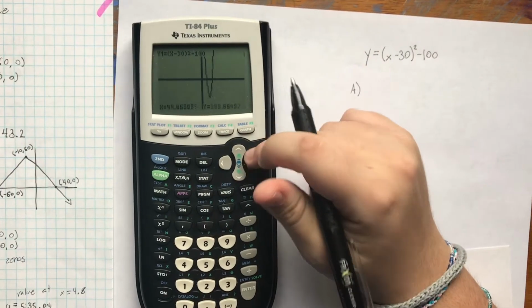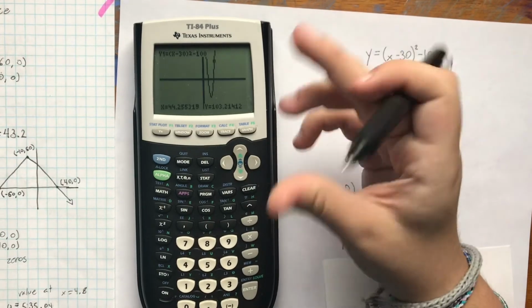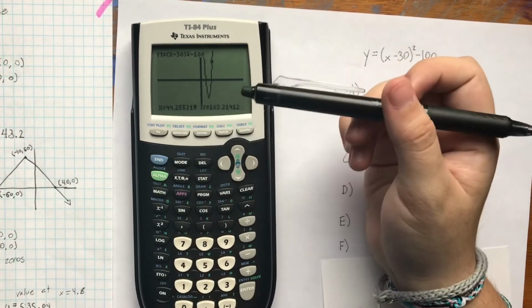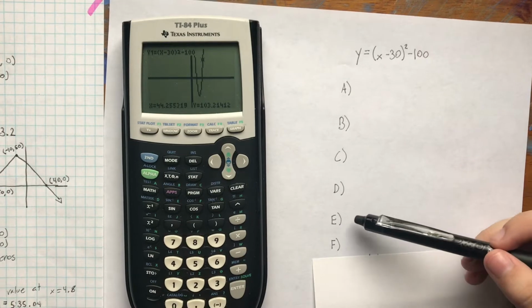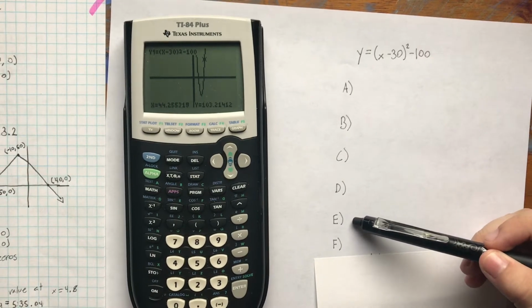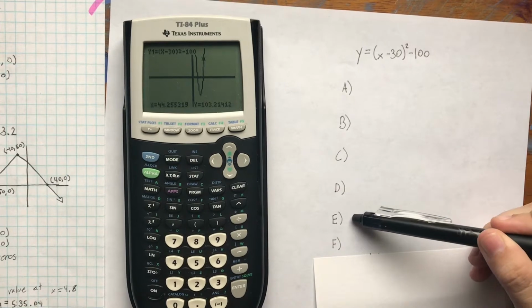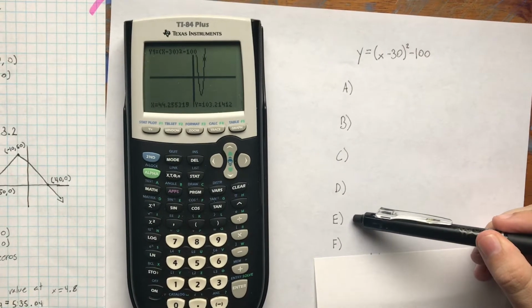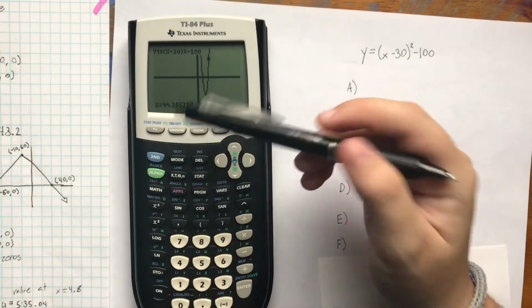And over here we start seeing it go all the way to 45 on the x-axis. We also have to take into consideration that question E requires us to have a y of at least 700, so we're also going to have to take that into account when we're making our window.